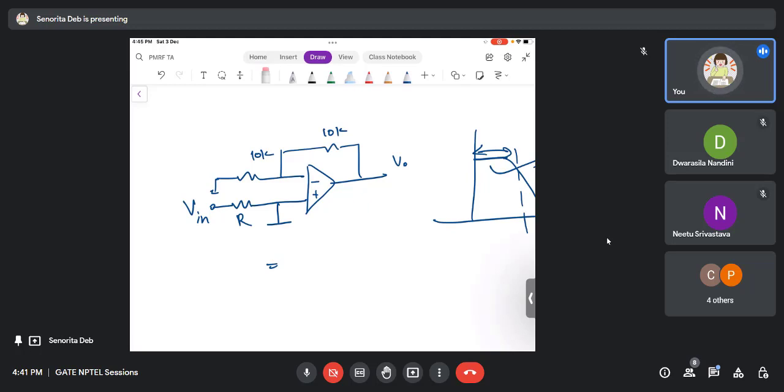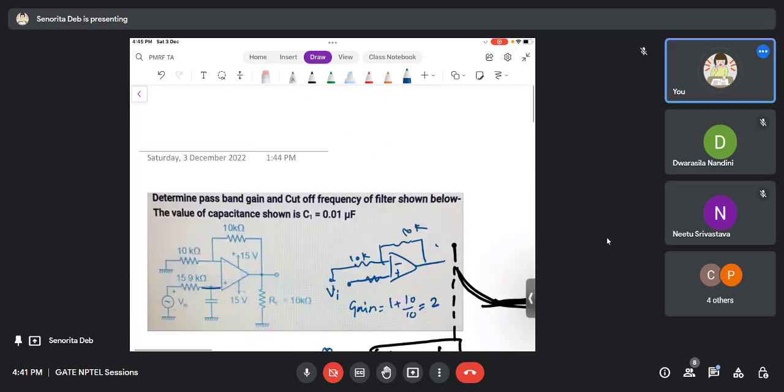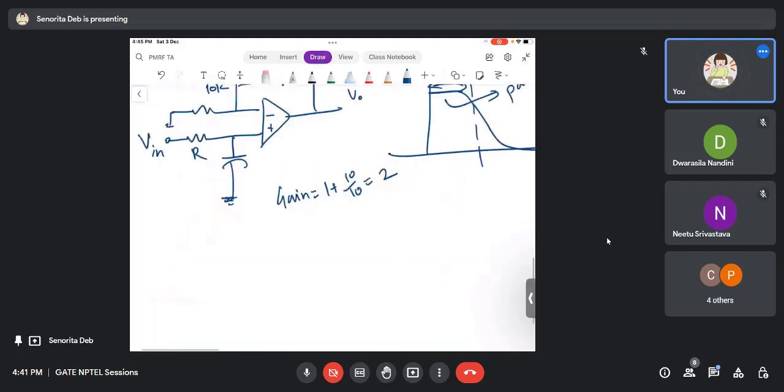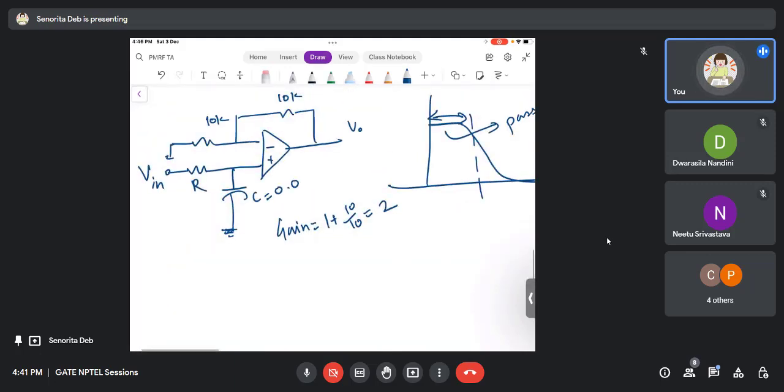The cap will then offer a very low reactance, and therefore the gain is directly 1 plus 10 by 10, which is 2, right? Now, what is the frequency they have asked? The cutoff frequency if C is 0.01 microfarad.